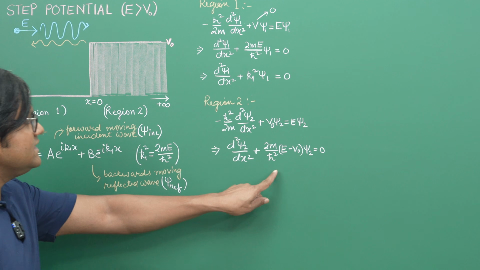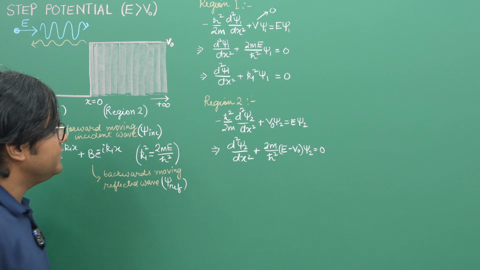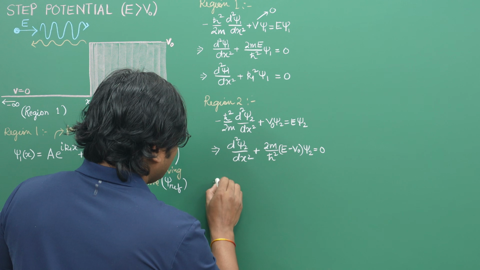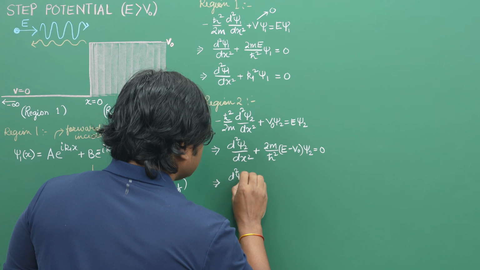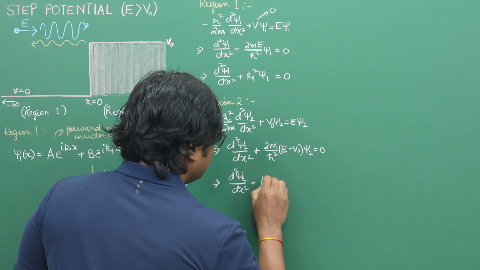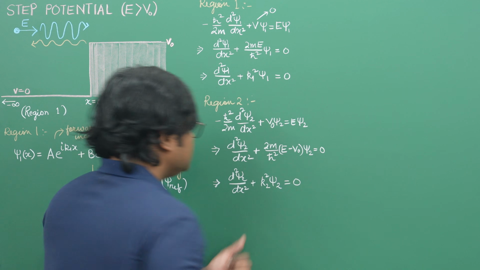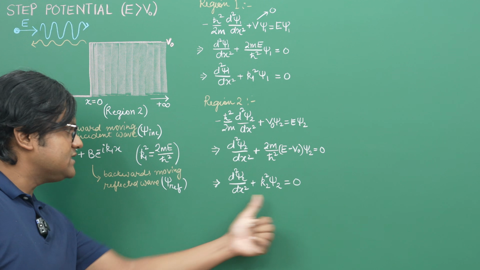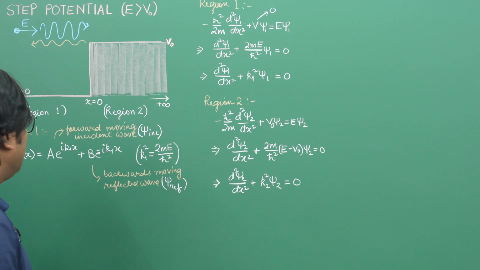Again, this is a standard differential equation, except the constant here is different, and let me call that constant k2 square. So this is d2 psi 2 upon dx2 plus k2 square psi 2 is equal to 0. In a similar fashion, this kind of differential equation leads to an oscillatory solution in region number 2.